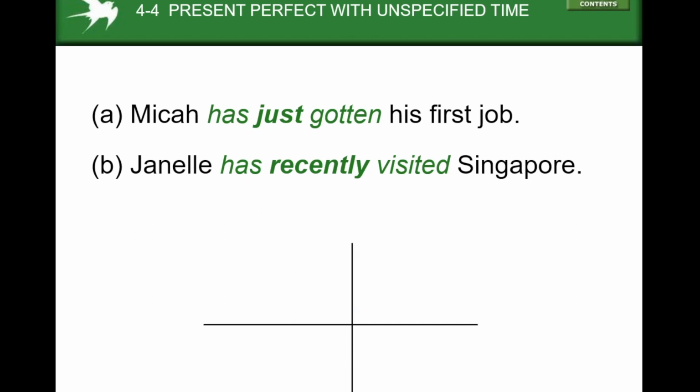Here in the timeline, it means the activity occurred before now or sometime in the past. But the exact time is not mentioned. Probably the speaker thinks it's not important, or the speaker doesn't know the exact time in the past.